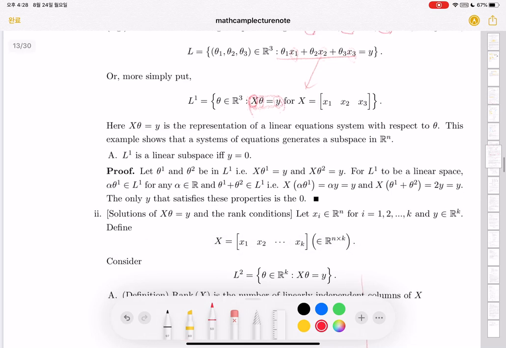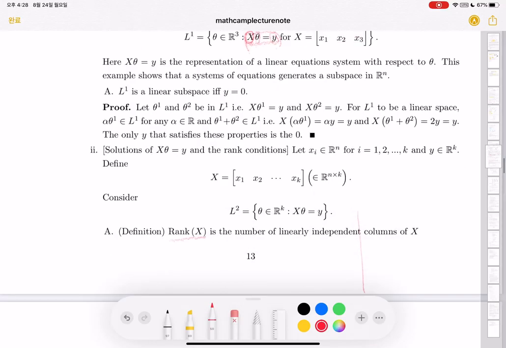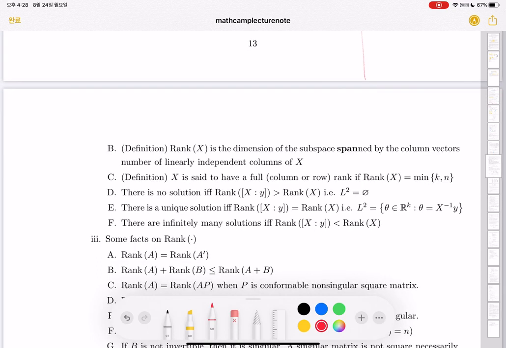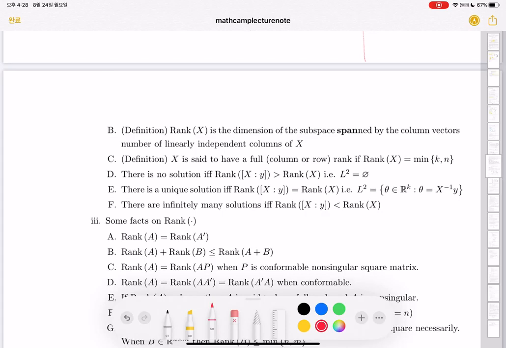When the number of columns and the rank are the same, it is called full rank. So here, yeah, X has full rank. Okay.